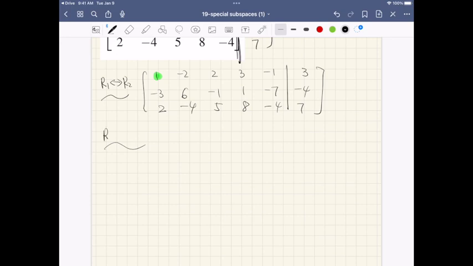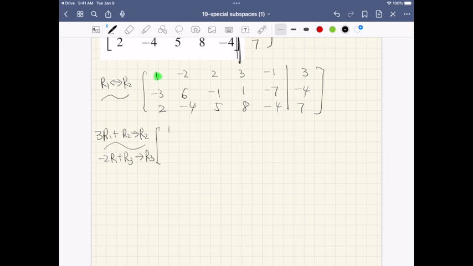So 3 times R1 plus R2, replace R2. And I also want to do simultaneously replace R3.